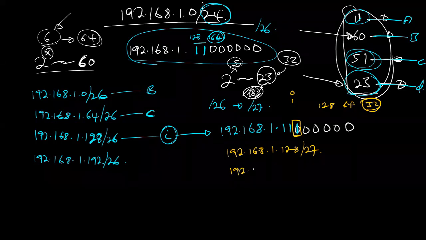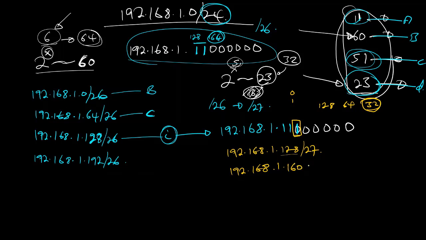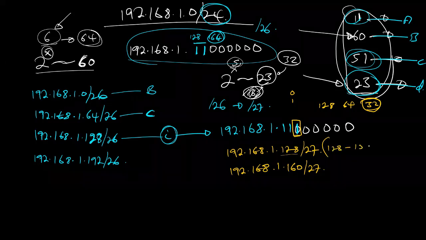Then 192.168.1, plus 32 aggregate, 160. 160/27. Now, if we see where this address starts from 128 up to 159. This one starts from 160 up to 191.